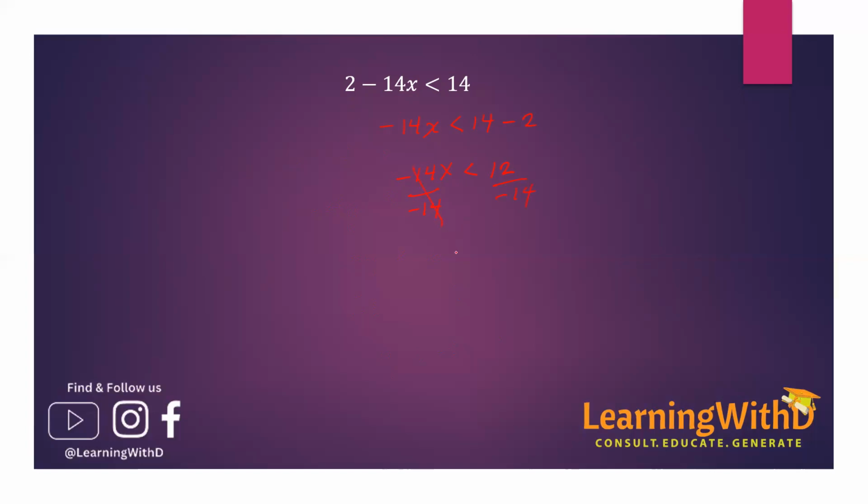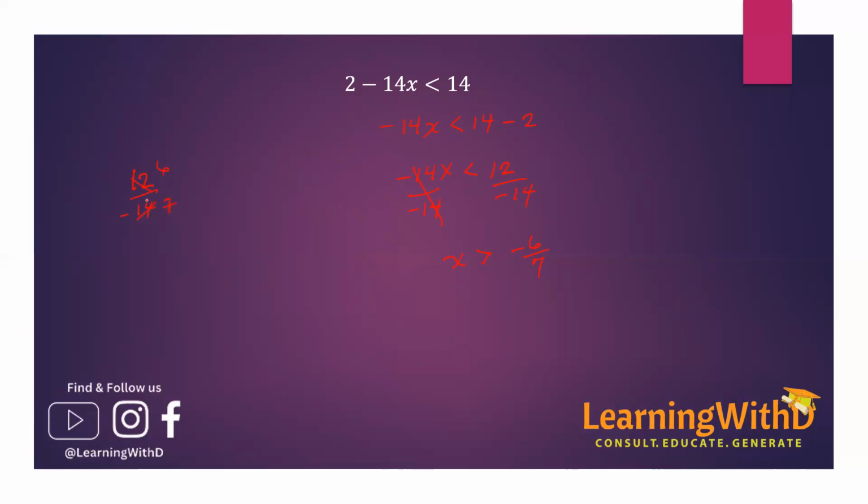So I divide by minus 14. So these cancel. So x then is greater than. Notice it's greater than. This switched because I divided by a negative number across it. Right? And this now becomes negative 6/7. 12 over 14. 2 can go into 12 6 times. 2 can go into 14 7 times.